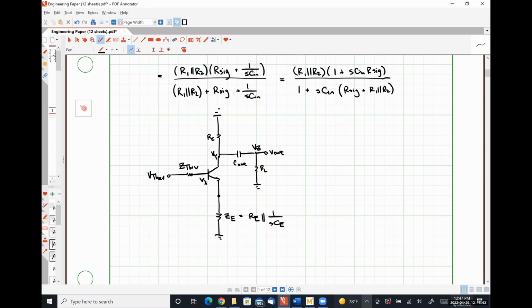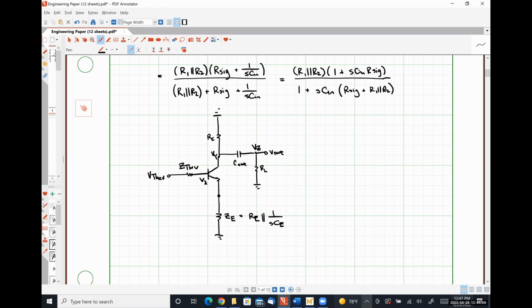But for a standard emitter degenerated common emitter amplifier, I'm going to lump all of this into a single impedance that I'm going to call ZC. Okay.